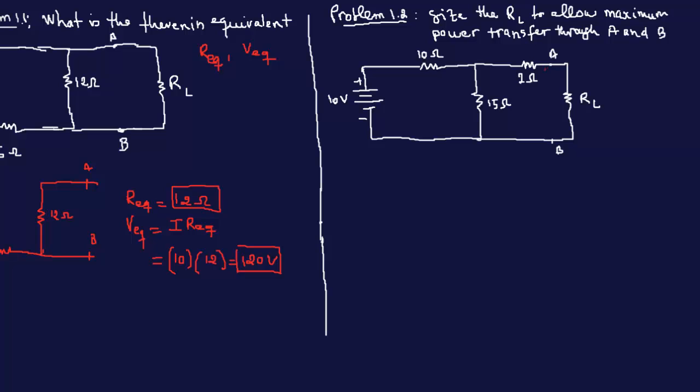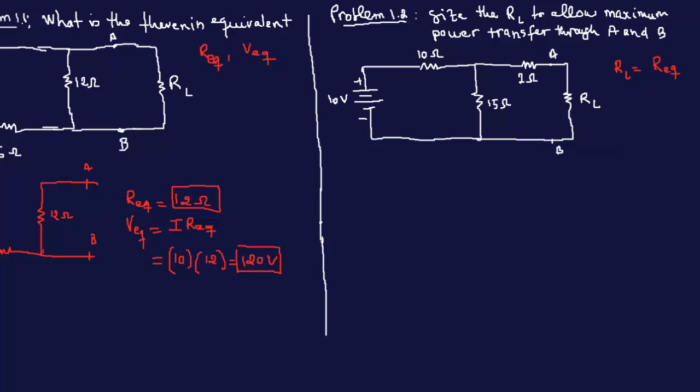One thing we have to remember is that maximum power transfer occurs when the RL, the load resistance, equals the source resistance, meaning we have to find the Thevenin or Norton, but let's find the Thevenin equivalent resistance for the circuit here. So RL would be equal to Req.